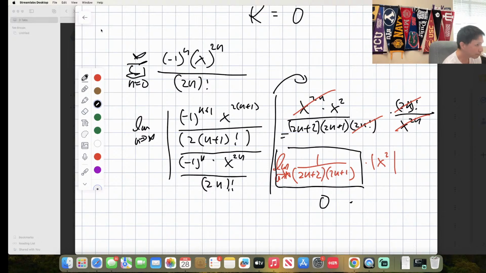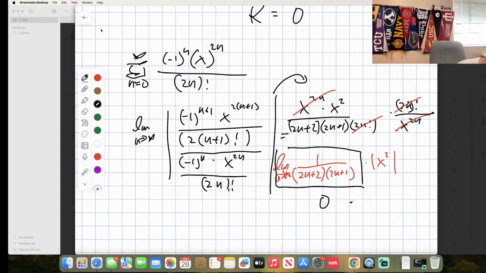Infinity, it doesn't work. 0 times what? Oh yeah, everything works. I'm sorry, 0 times what is less than 1? So x could work on any value.